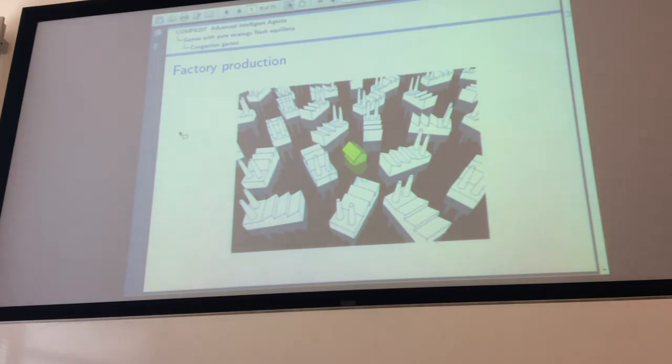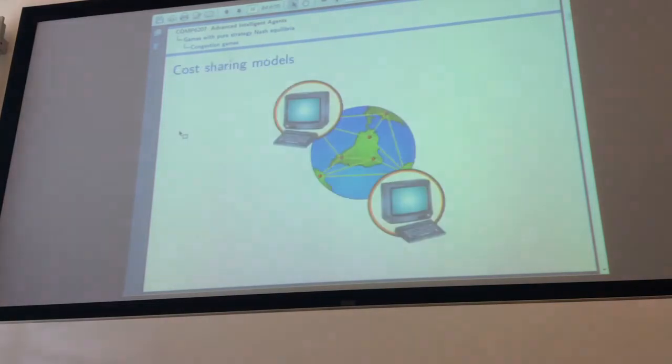We may have different firms that produce identical products, and a buyer can choose who to buy from, right? Or there are services and so on. So there is a competition between the firms for buyers, right?